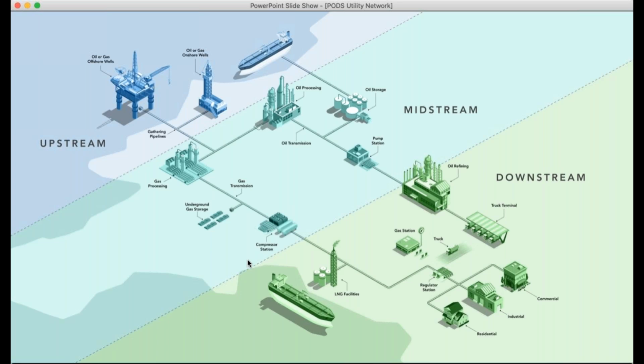The midstream, which is the larger diameter transmission system where we've typically deployed PODS solutions, and then the downstream, whether that be on the natural gas side, the distribution networks, or on the hazardous liquid side, inside the fence, the refinery and trucking terminals and things like that. And so when we look at where we've traditionally used linear referencing, it's been on these hazardous liquids and gas transmission systems.